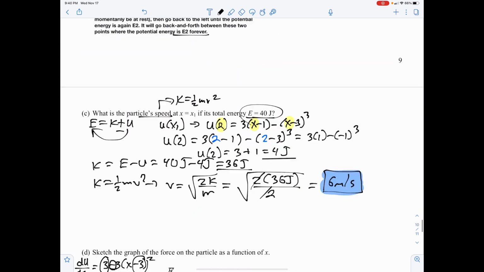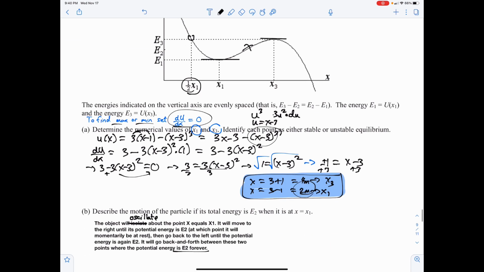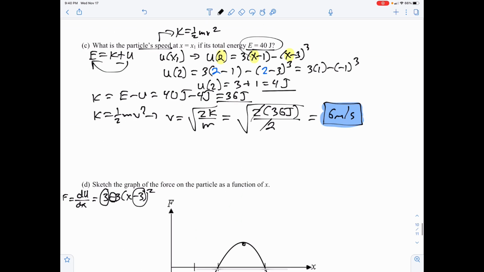Okay, x1 was 2 meters, right here. So 1/2 x1 would be 1 meter. Okay, that's where we're releasing it from, the 1 meter point.